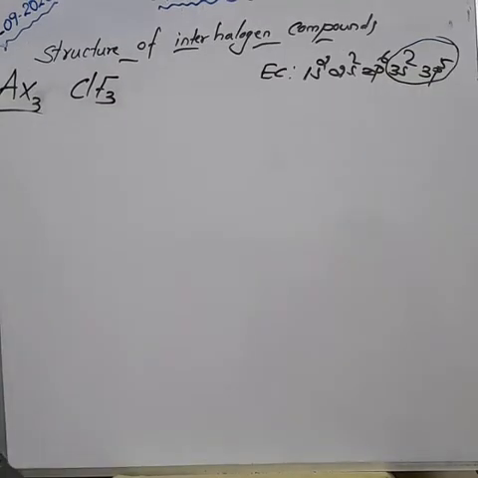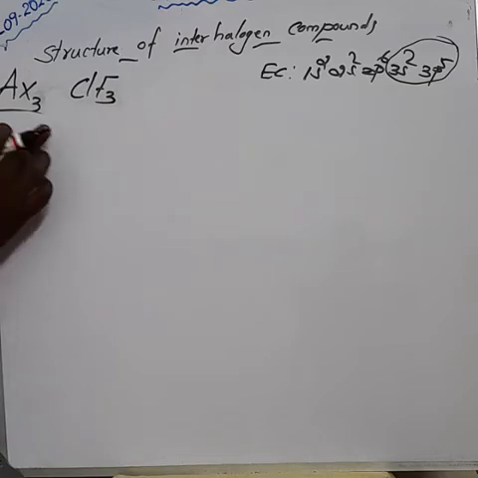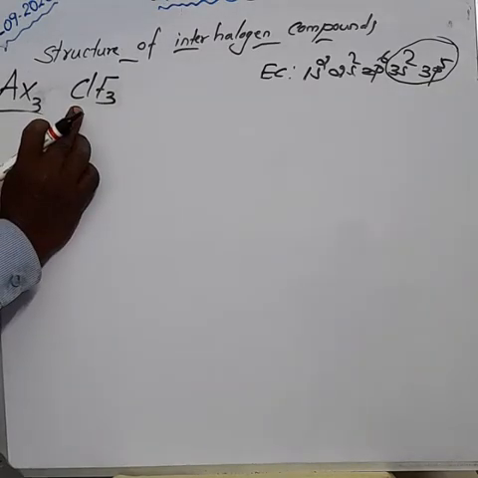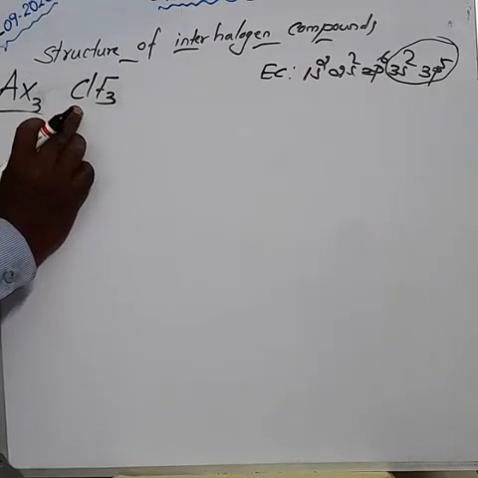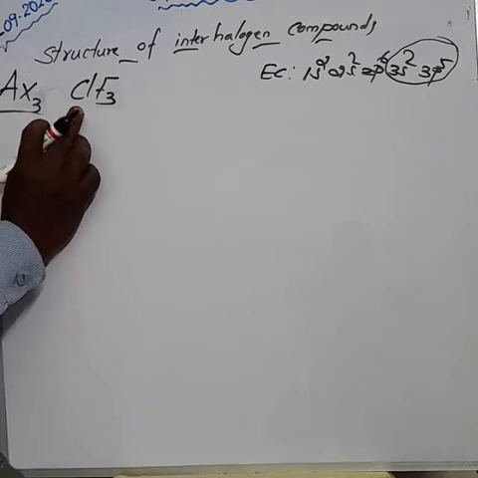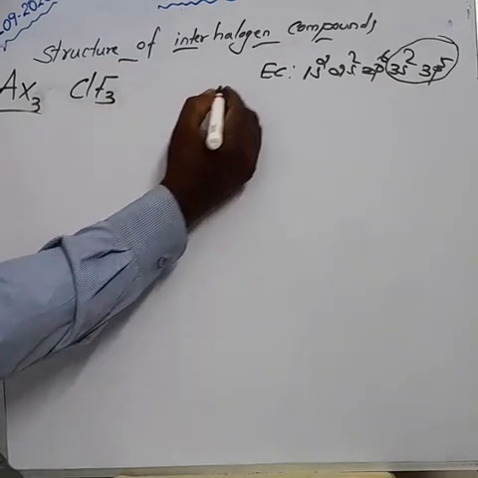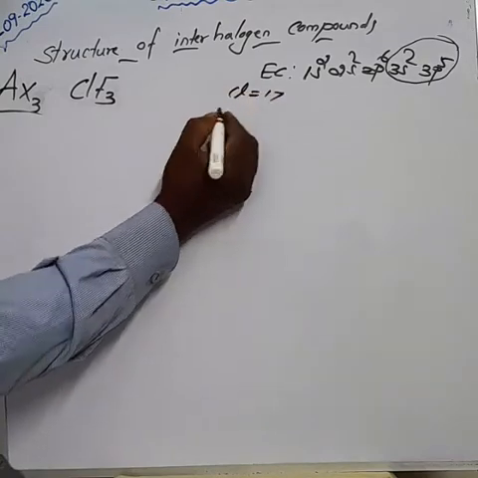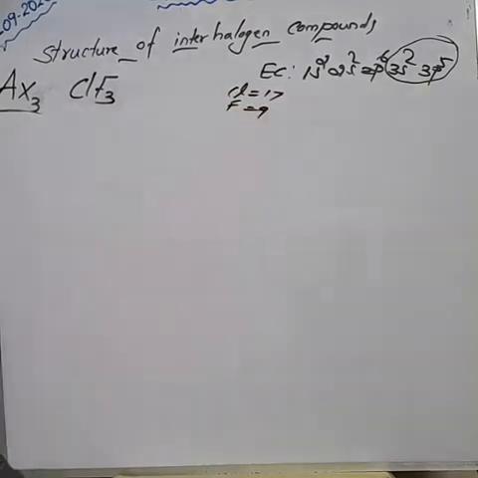Next, the structure of the interhalogen compound AX3. The very good example is ClF3. Already I told you that the atomic number of chlorine is 17, and fluorine is 9.